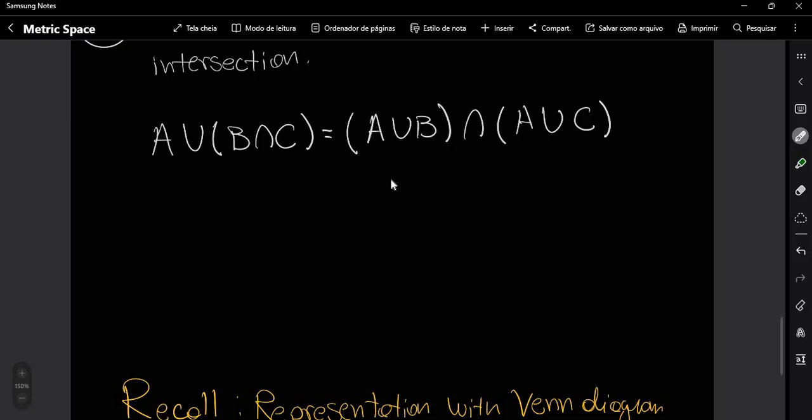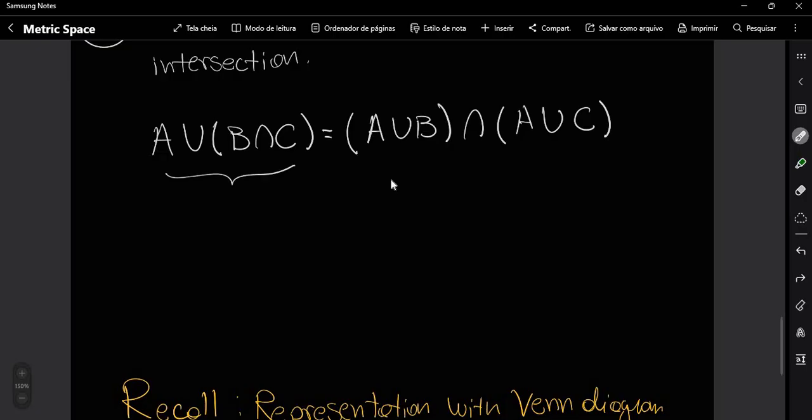Okay, so as this is an equation, what is on the left side is the same as what is on the right side, so it is only written in a different way.